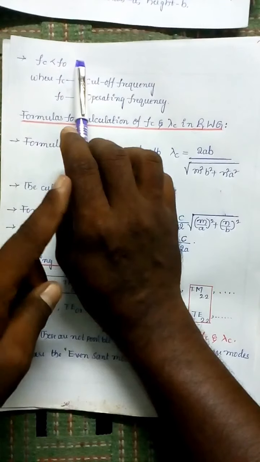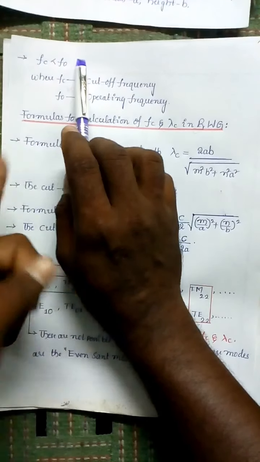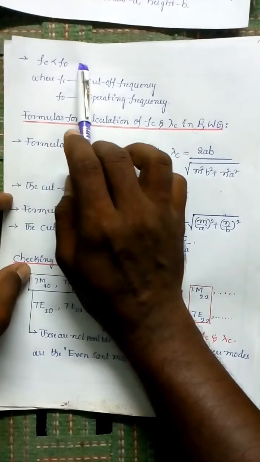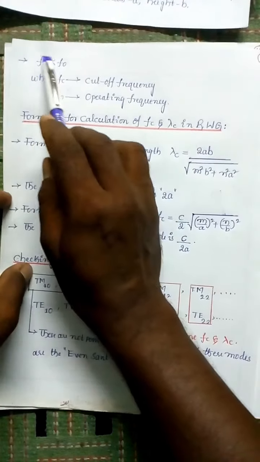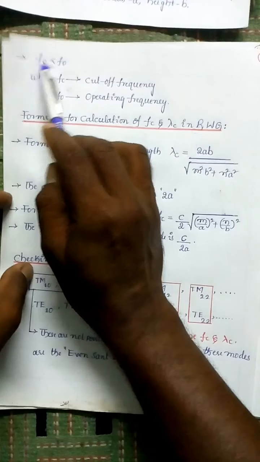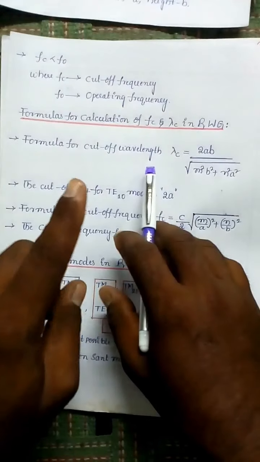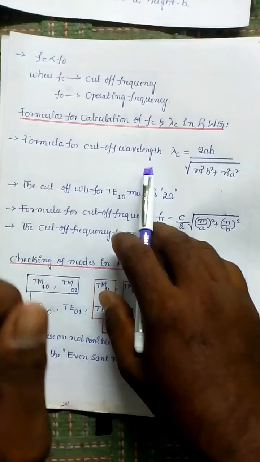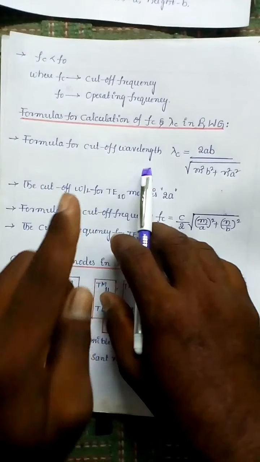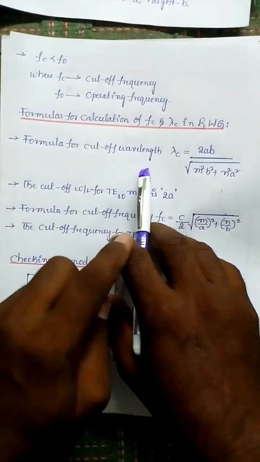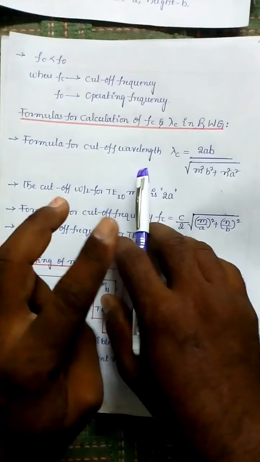In the previous equation, lambda c is greater than lambda naught, but here Fc is less than F naught, where Fc is the cutoff frequency and F naught is the operating frequency. These two conditions are very important to remember.